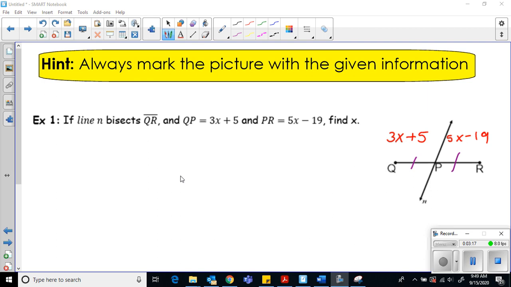So now that we have all the information marked in the picture, we need to use it to set up an equation. Well, now that we know that QP has to be equal to PR, and we know the expressions, we can set those equal. So we can do 3x plus 5 is equal to 5x minus 19.